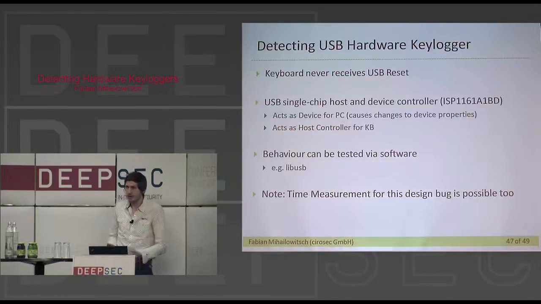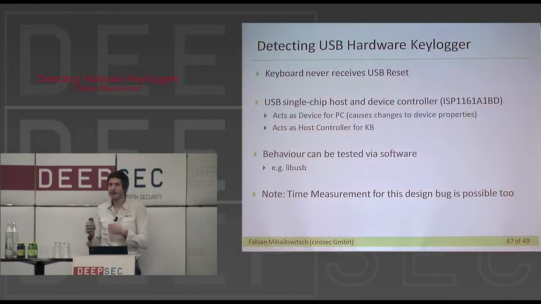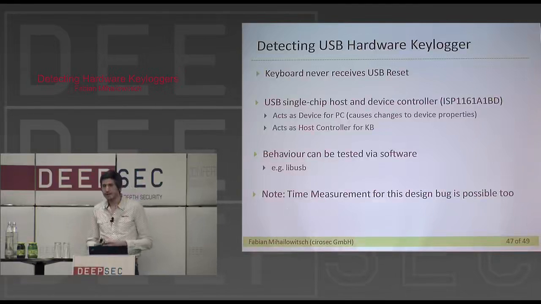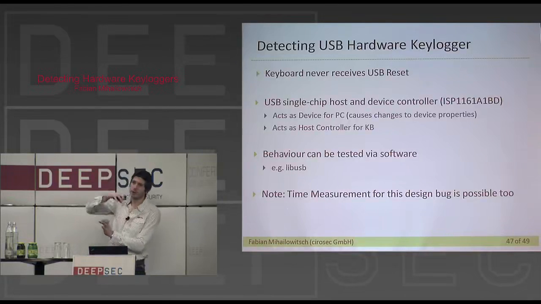The keyboard never receives the USB reset, and that's the reason it doesn't behave like I think it should. If you take a close look at the hardware again, you can see that a USB single-chip host and device controller is used, which is the ISP1161A1BD. It basically acts as a device for the PC, and it acts as a host controller for the keyboard.